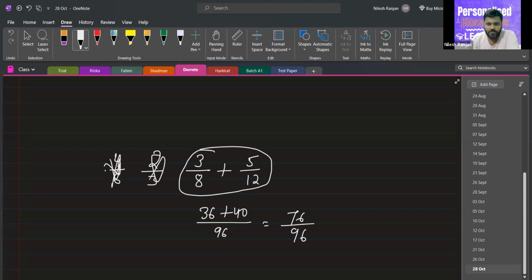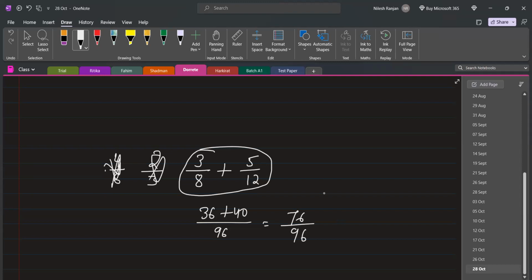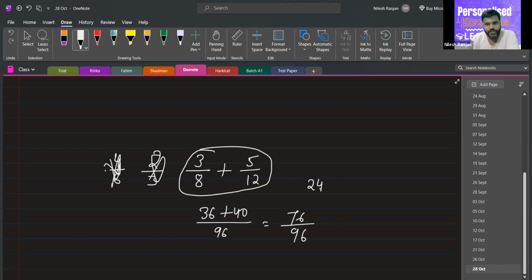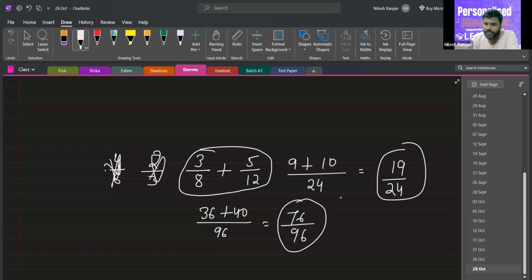76 by 96. Yes. It will be 24. Your answer is also correct. 19 into 4, 76, 24 into 4, 96.